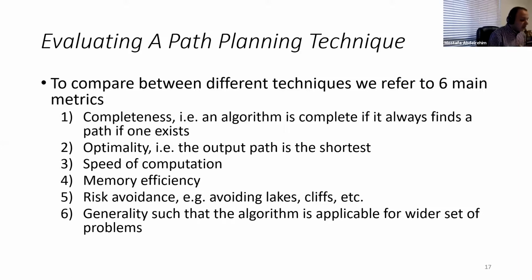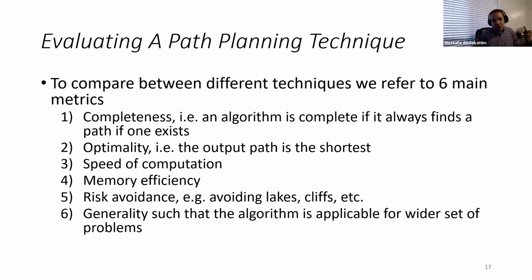Now, how do we evaluate a path planning technique? There are 6 criteria that we can use to compare one technique to another. First, completeness. If you have a graph search algorithm, we can consider it complete if it always finds a path between the source and the goal, if of course there is one.